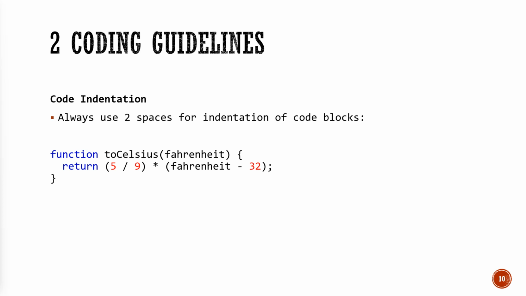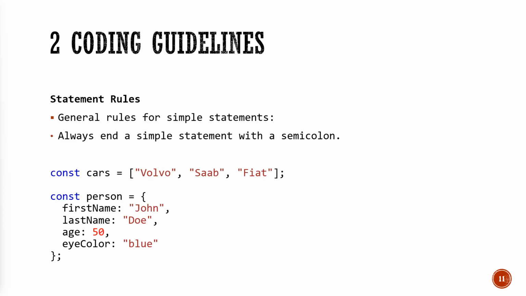As you can notice, we have two spaces before the return keyword. That's the one that I'm mentioning here, that always use two spaces for indentation of code blocks.